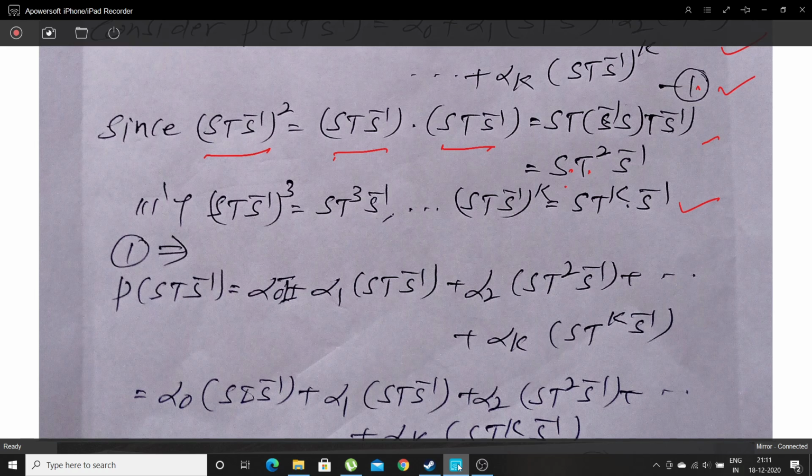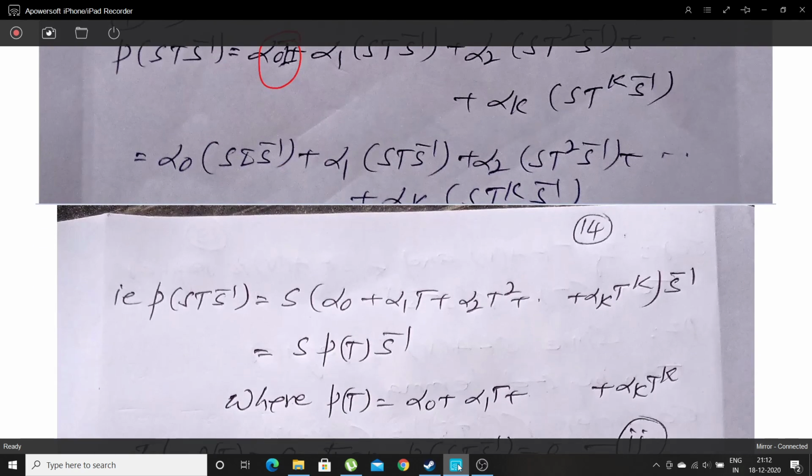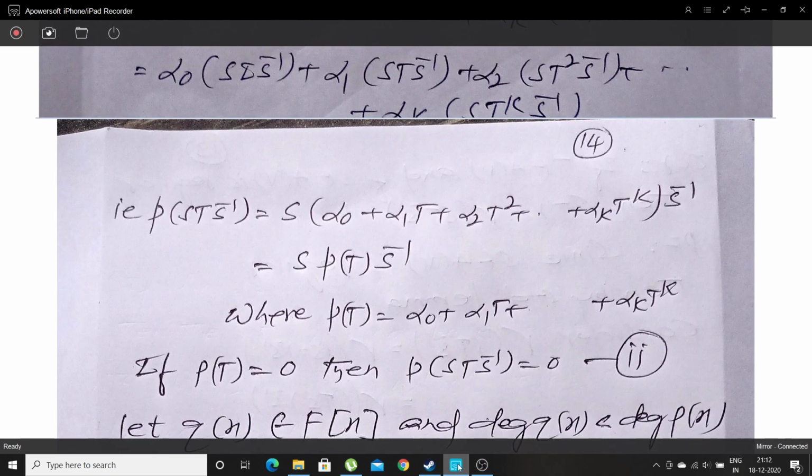Here, alpha naught is replaced by alpha naught I. Again, I is replaced by SIS inverse, and grouping we get this polynomial.